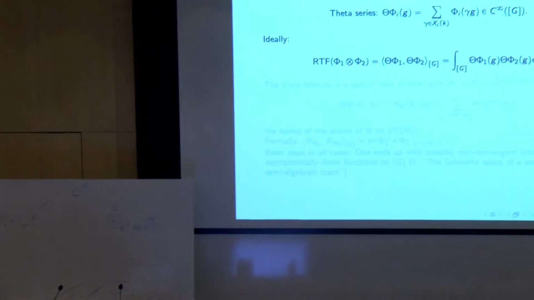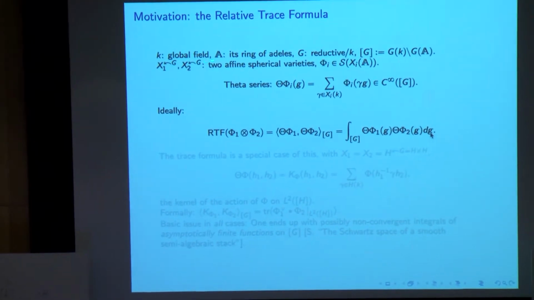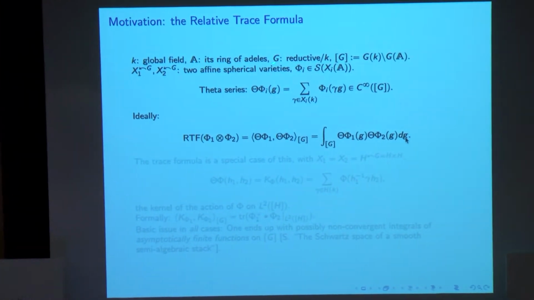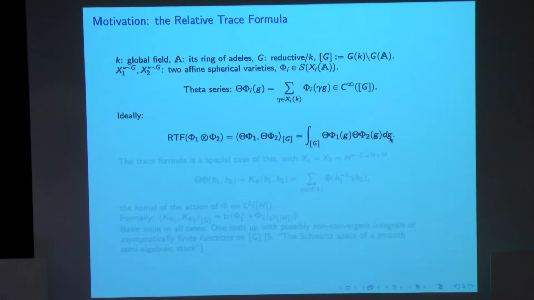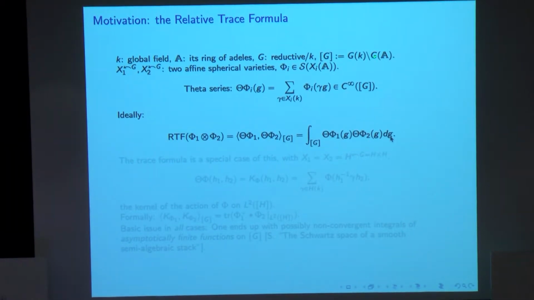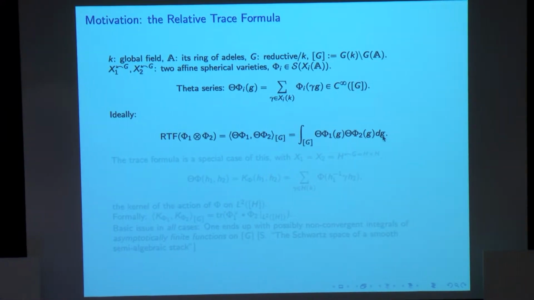The setting for the relative trace formula, let me say it now adelically: K a global field, A the ring of adeles, G a reductive group over K, so brackets G will be adelic points mod rational points of G. And then we have two nice G spaces, typically two affine spherical G varieties, smooth, by the way.